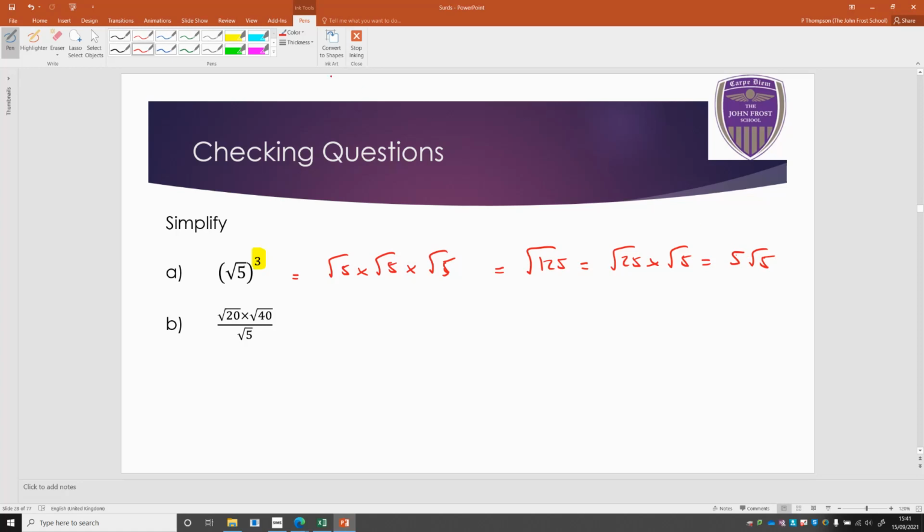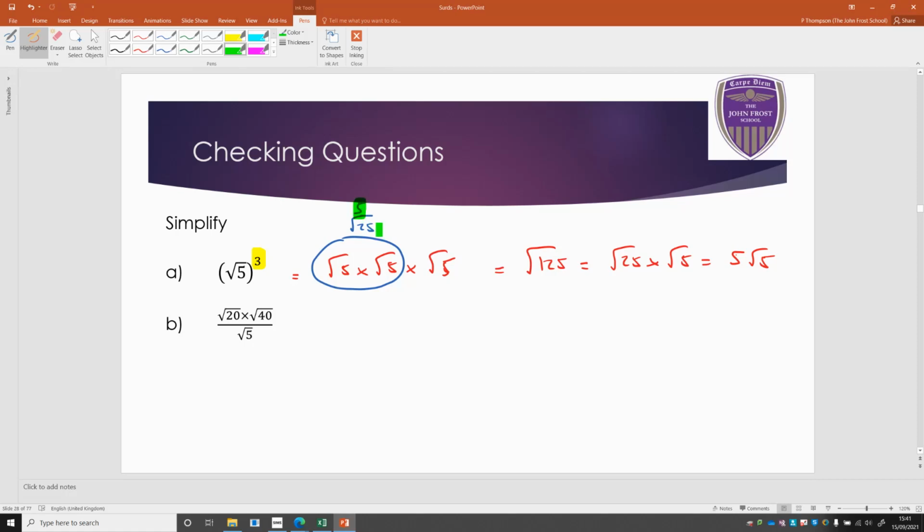A smarter way to do it is to look for pairs of surds. See here, look. Root 5 times root 5, we know is root 25. But root 25 is a square number. It's 5. See, these two root 5s combined to make just 5. So this here is just 5.